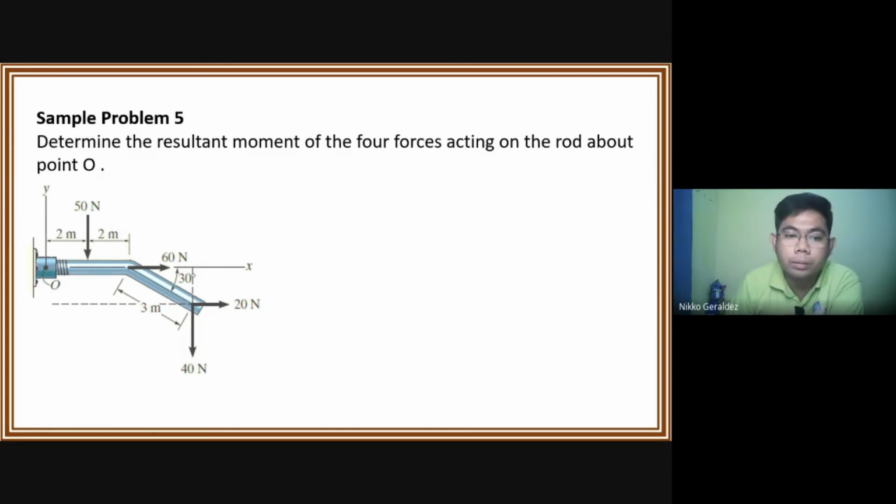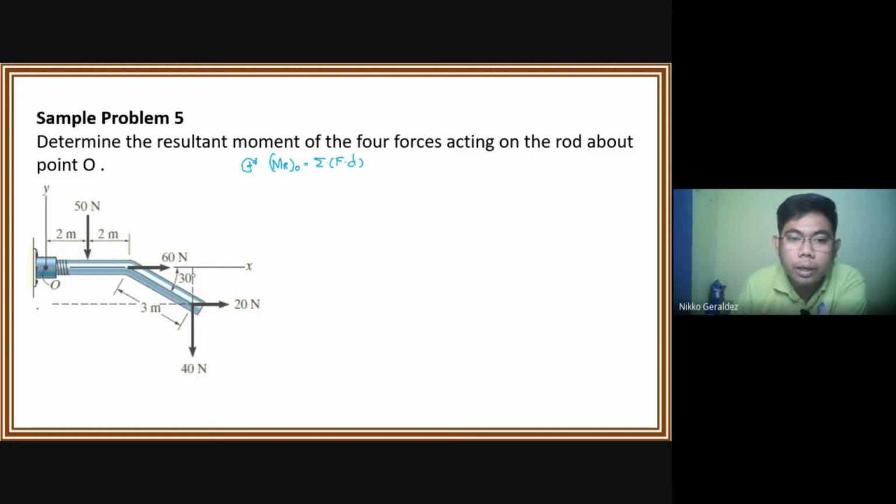The formula is still the same. Moment resultant at point O is equal to the summation of forces times the perpendicular distance, clockwise positive, just to keep it uniform. First, the 15 Newton.